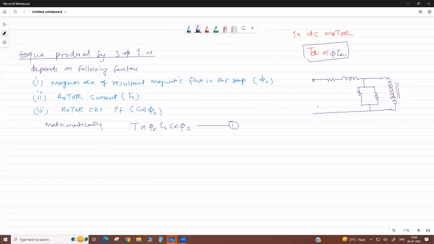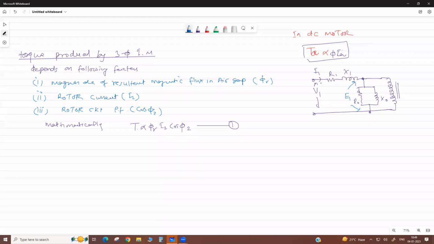Here we apply V1. Now here R1, X1, this is your magnetizing branch, R0, X0. So when we take a current I1, the voltage across this is E1, the induced voltage.